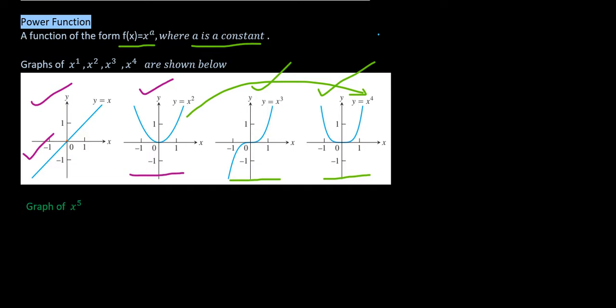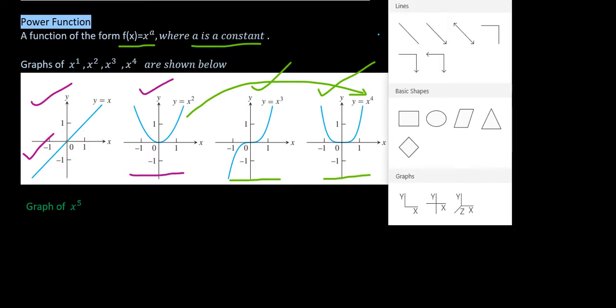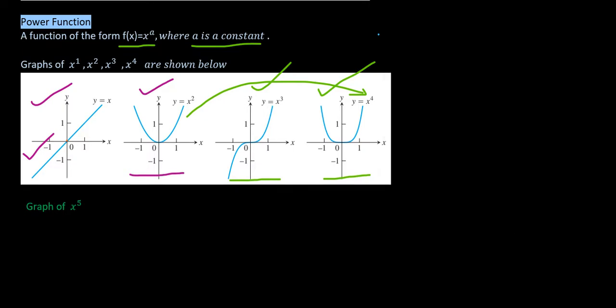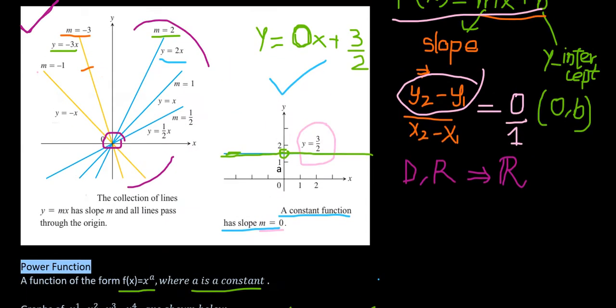In this next section we are going to draw a graph of x to a power, and by this you can easily get the idea of how we can draw the graphs.